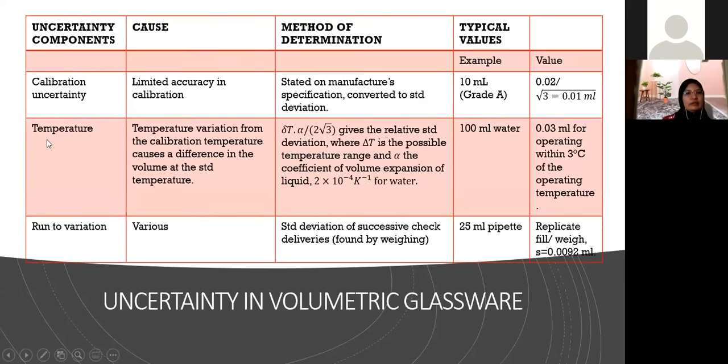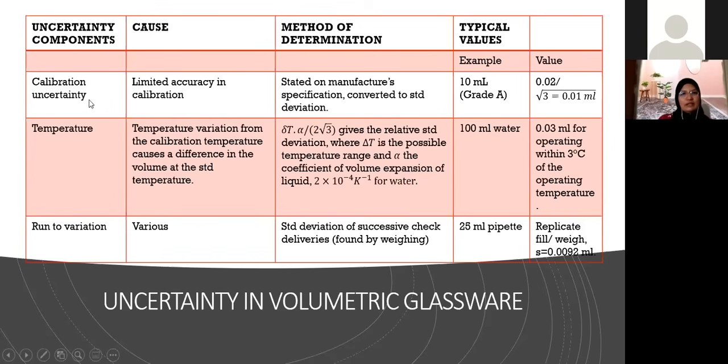For glassware you usually see 23 degrees Celsius or 25 degrees Celsius, that is the temperature when it was calibrated. In Malaysia, our room temperature is already 30, so there is a delta T there. And run-to-run variation.